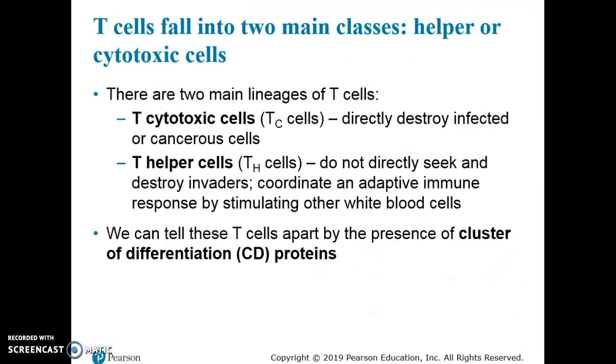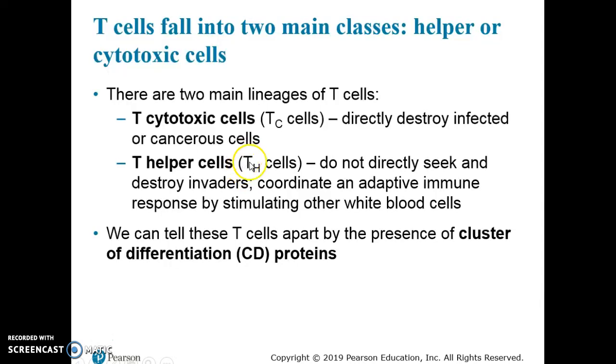Now, T cells. Looking at the types of effector cells, T cells are divided into two major types: cytotoxic T cells and helper T cells. Sometimes it's T cytotoxic, sometimes it's cytotoxic T cells; T helper cells or helper T cells.